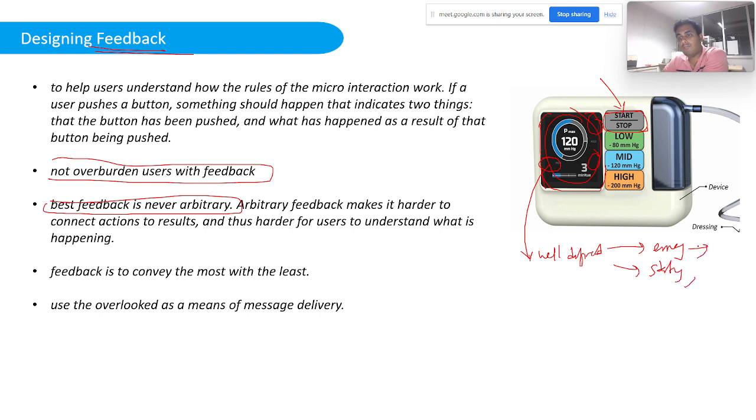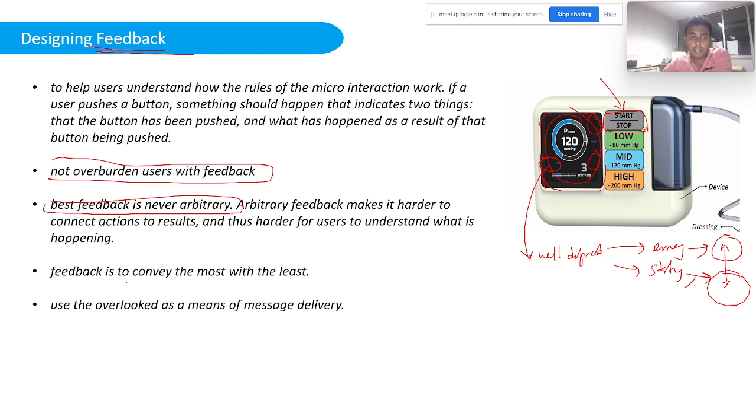So if you think about distinguishing the sound of an emergency versus starting a therapy, you need to create that difference. So the choice of feedback is also necessary. You should not choose something arbitrary in nature.